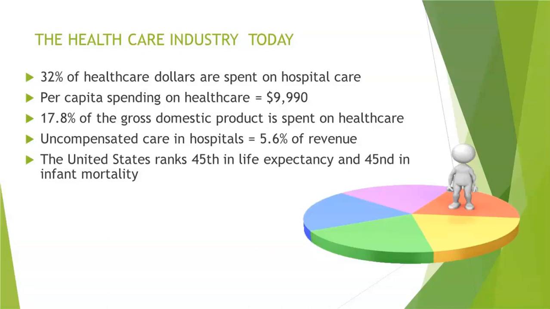We are 45th in life expectancy and 45th in infant mortality across the globe. And so while we spend the most, we certainly aren't getting the quality of care out of it that we would expect to get. So, you know, the question becomes, how can I, in sort of a broken healthcare system, make things better? And that's really what we're all about today.